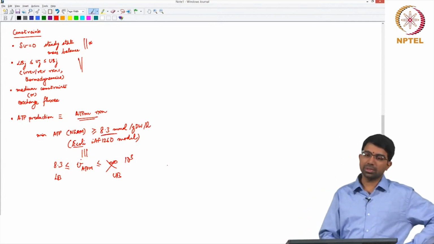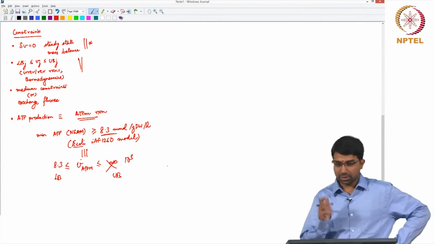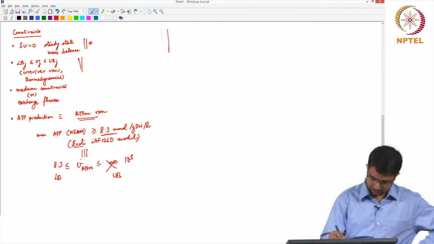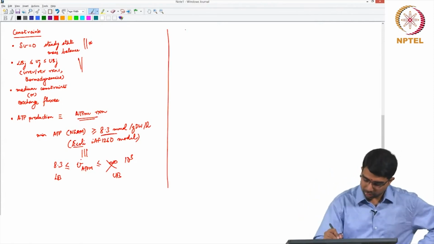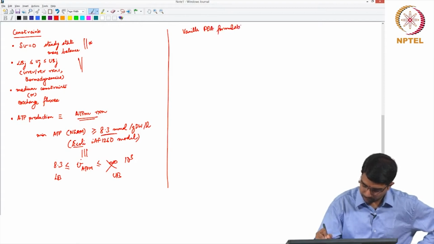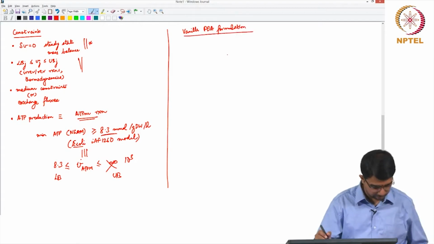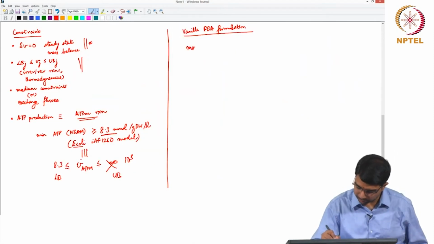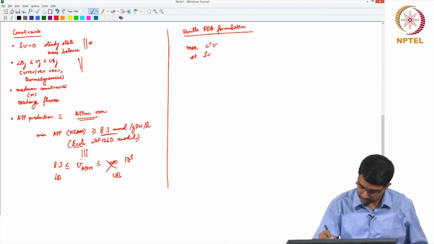So, let us just recall, and maybe we will come back to it in a moment, right. What is the vanilla FBA formulation? It is what we just had on the previous screen. It is maximize c transpose v such that Sv equal to 0 and the bounds.